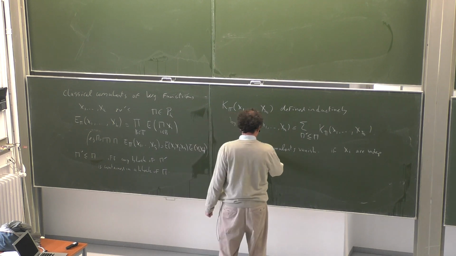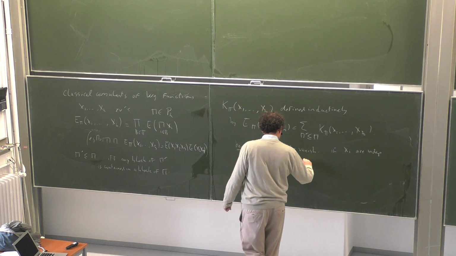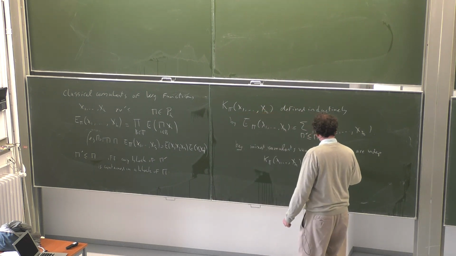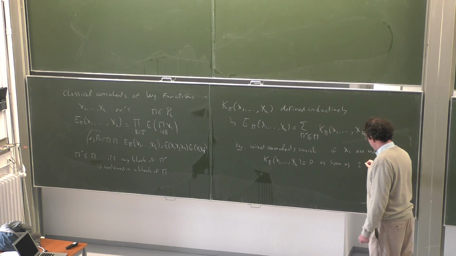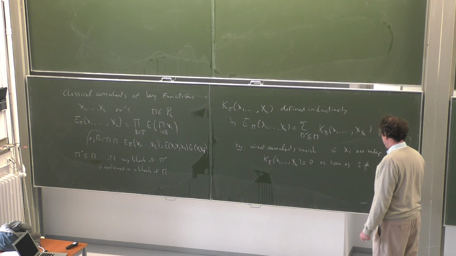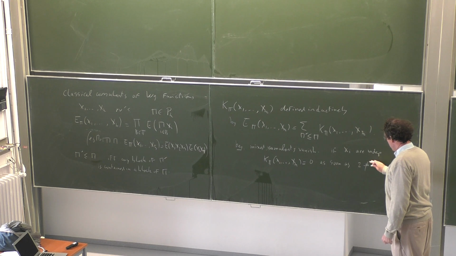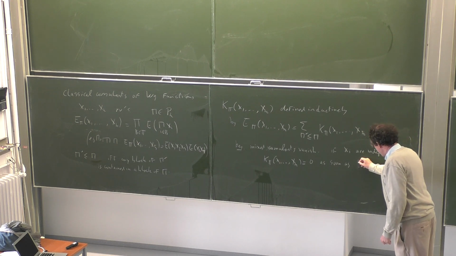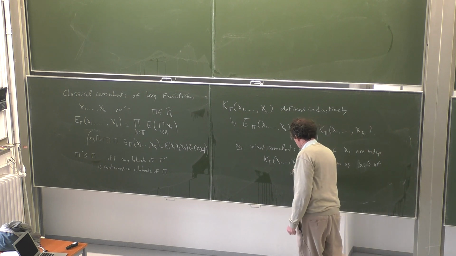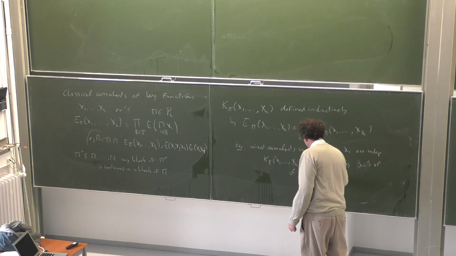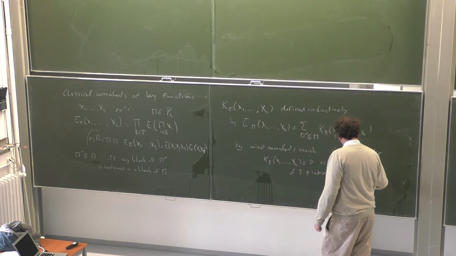What we have is that κ_π of x_1, ..., x_k is 0 as soon as x_i's of two different indices are in one same block.